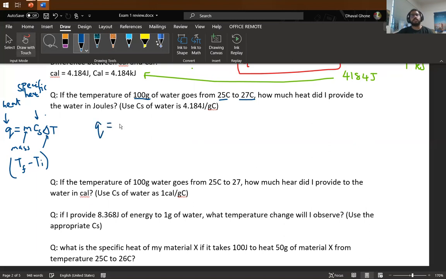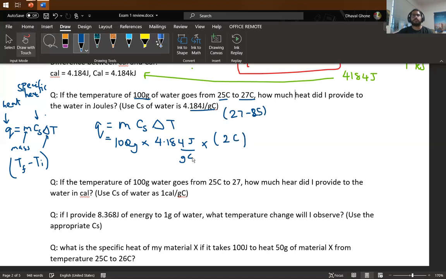Q is MCS delta T. In this case, M here is 100 grams. CS is given to you, 4.184 joules per gram Celsius, and delta T would be final 27 minus 25, which would be 2 Celsius.